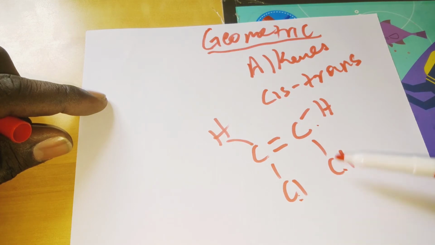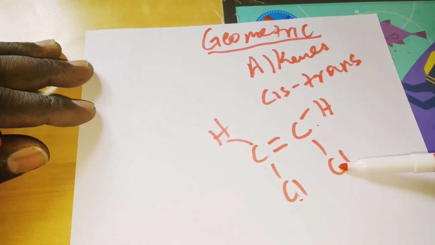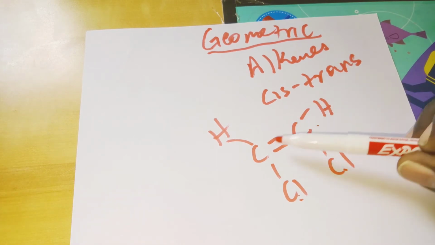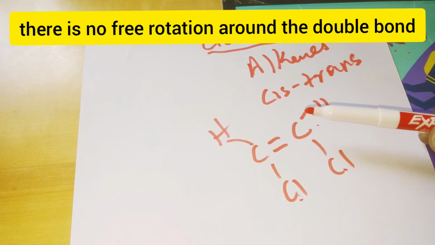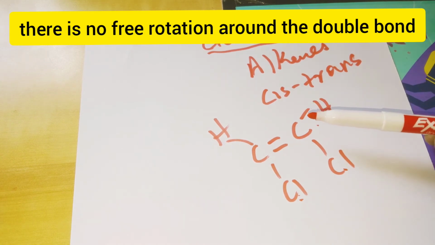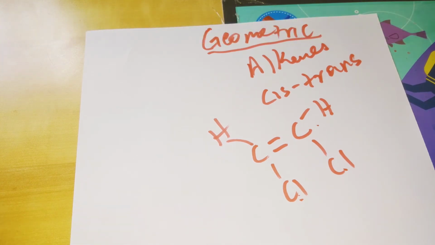Let's just focus on the chlorine because hydrogen is pretty common. So these two groups are the same. Now, because of the nature of the double bond, it is rigid. In other words, it does not move. It doesn't twist and turn as a single bond would. It's stuck in the position that it's in.